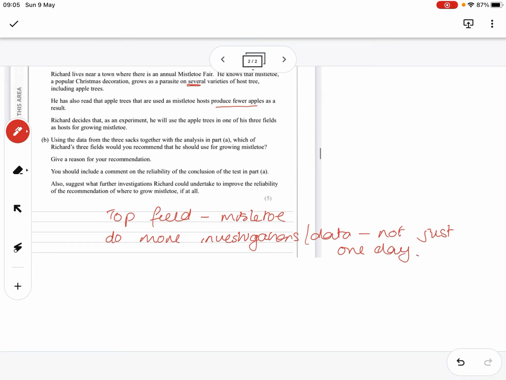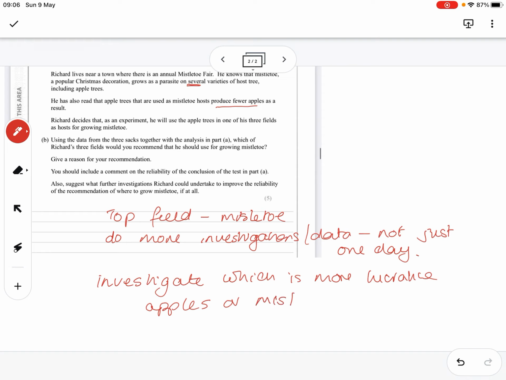And then, with regards to the mistletoe, I wonder how much, it's like, investigate which is more lucrative, apples or mistletoe. Find a balance.